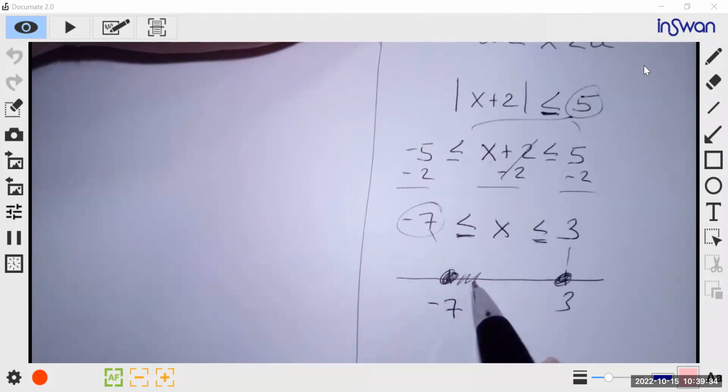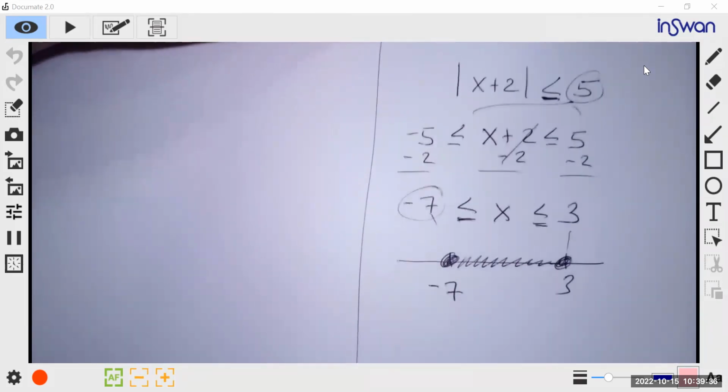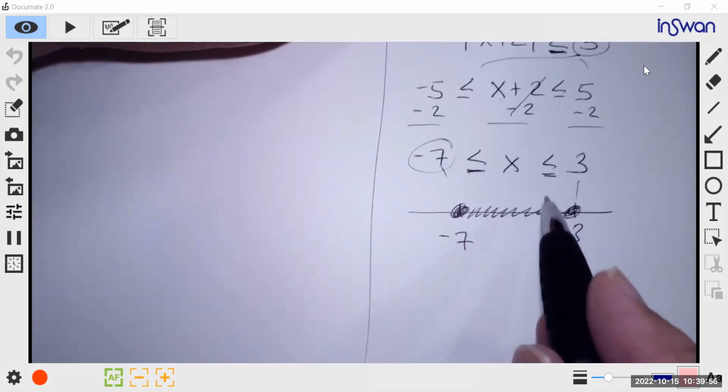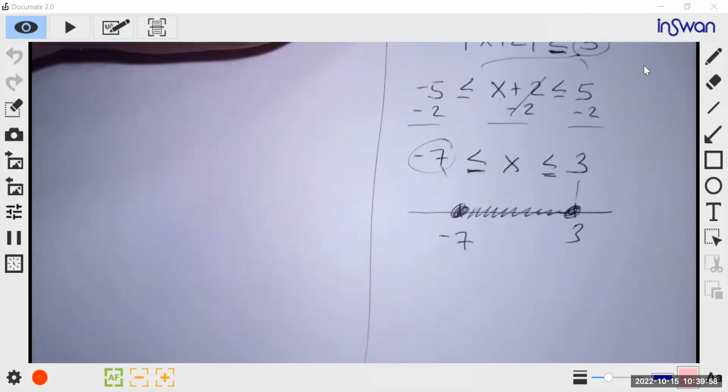And x is between there. Now there's a third form we could put it into.